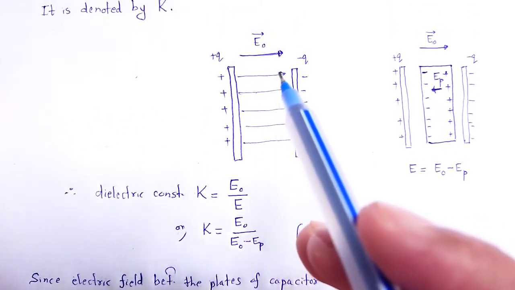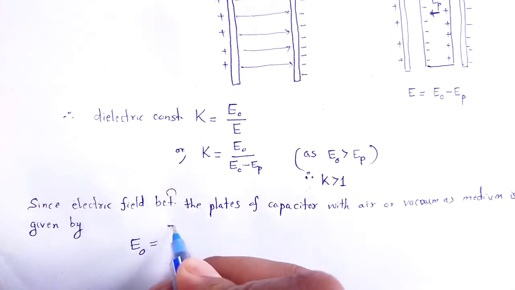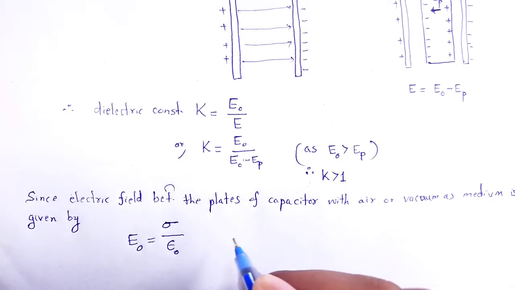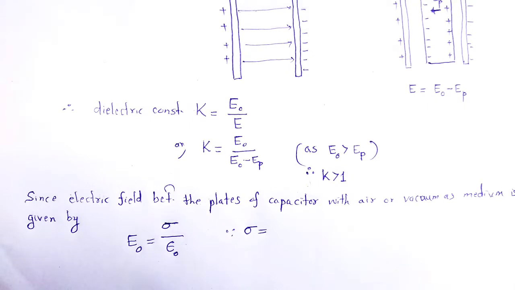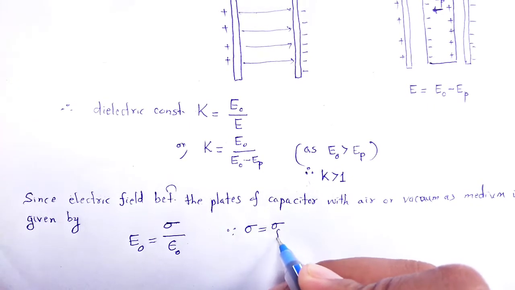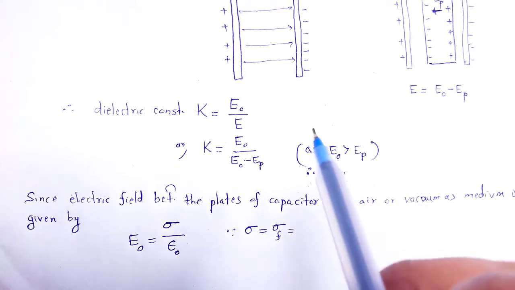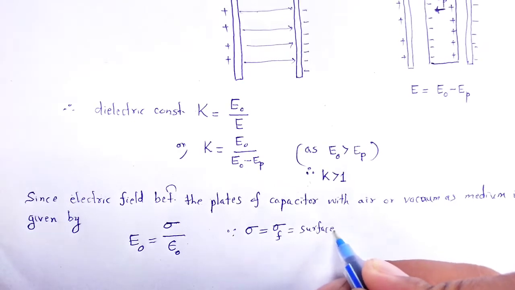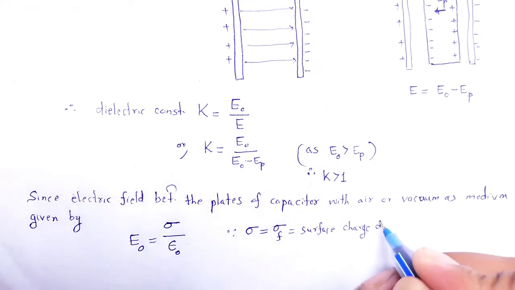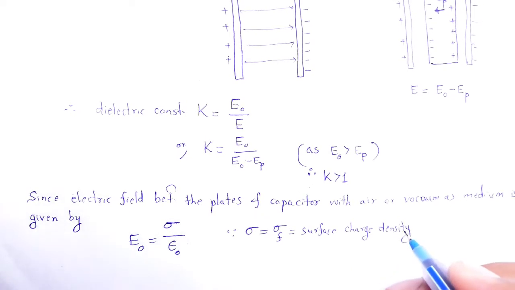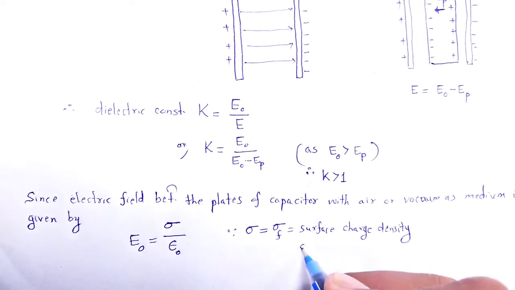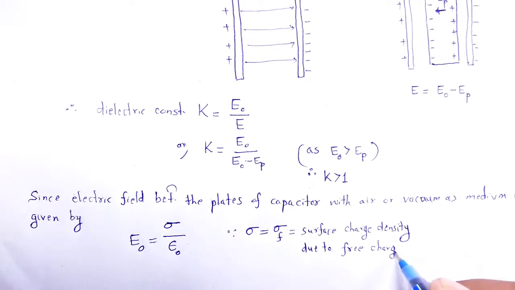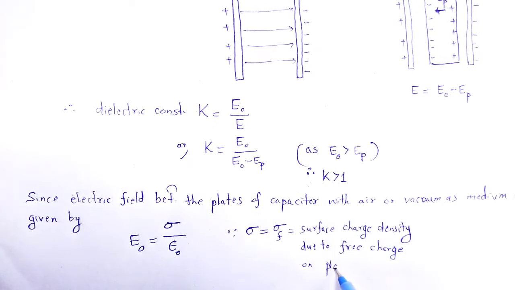Here the surface charge density is sigma, or sigma f for free charge, that is the surface charge density due to the free charge on the plates of the capacitor.